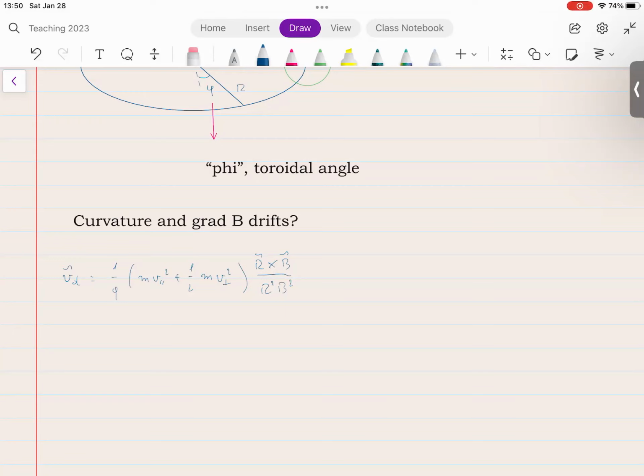And it immediately follows that the magnitude of the drift velocity is 1 over q times (m v parallel squared plus 1/2 m v perp squared) times 1 over B R. I'm just taking the absolute value of the expression above.